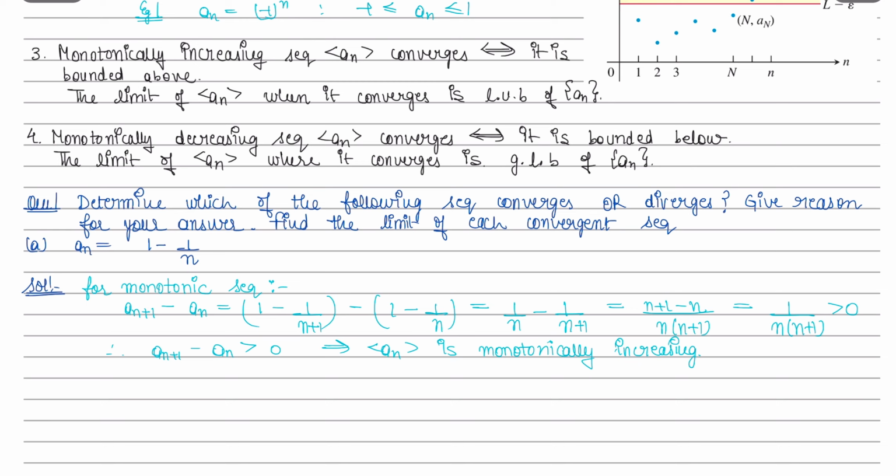So here we have to apply this third result, which says a monotonically increasing sequence converges if and only if it is bounded. We have known that this first part 1 minus 1 by n is monotonically increasing. Further, we have to show if it is bounded or not. So for boundedness, let an is equal to 1 minus 1 by n.